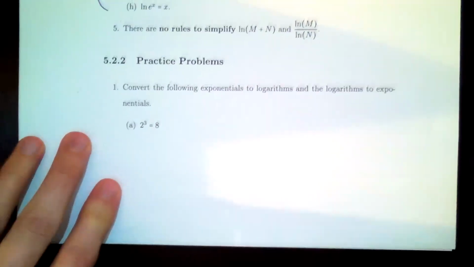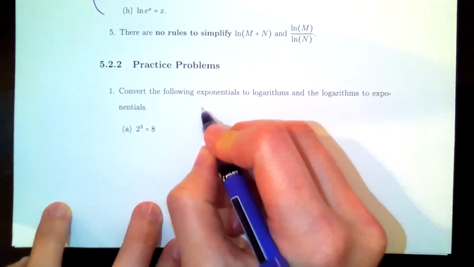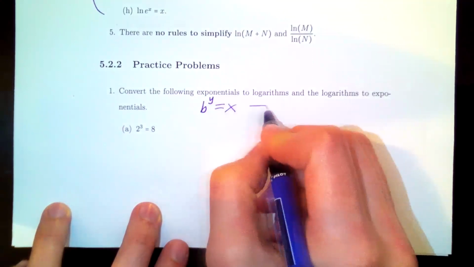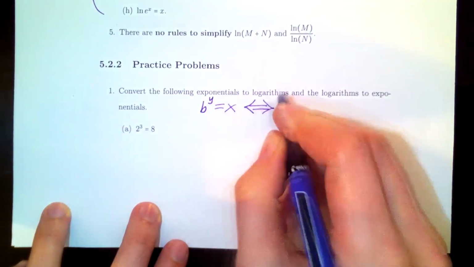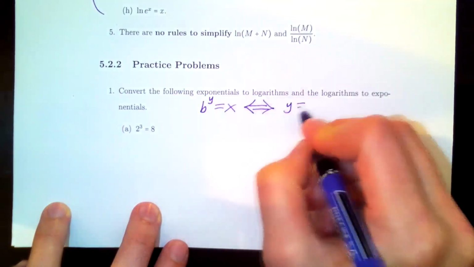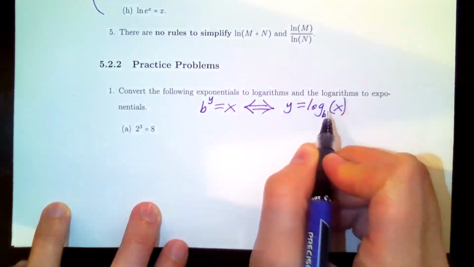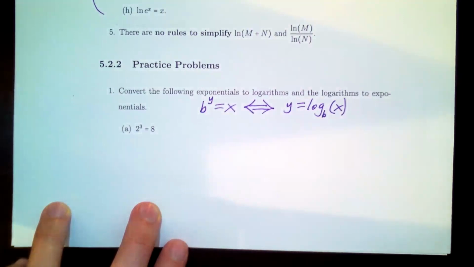I'm going to write our conversion right here. If I have b to the y equals x, then this converts to y equals log base b of x, and vice versa. If you have y equals log, it converts back into b to the y equals x.